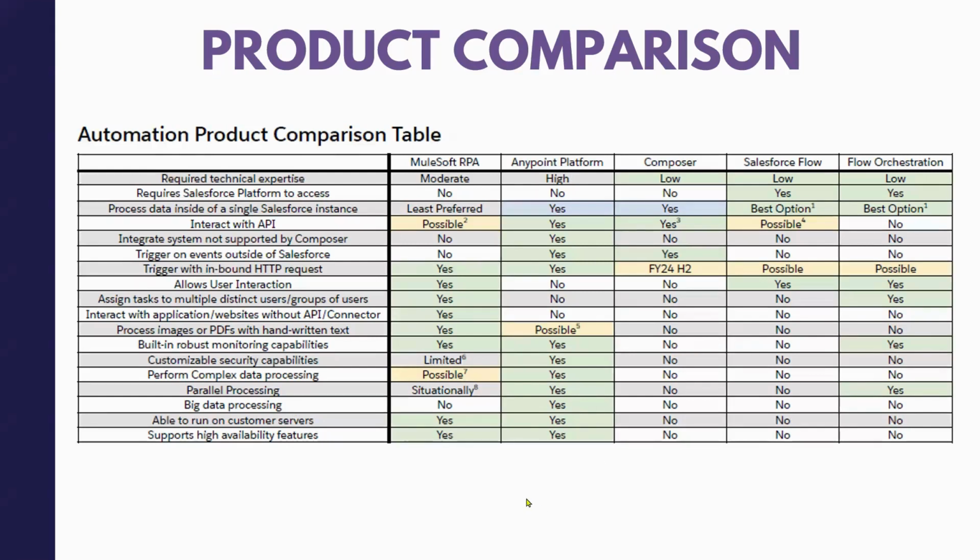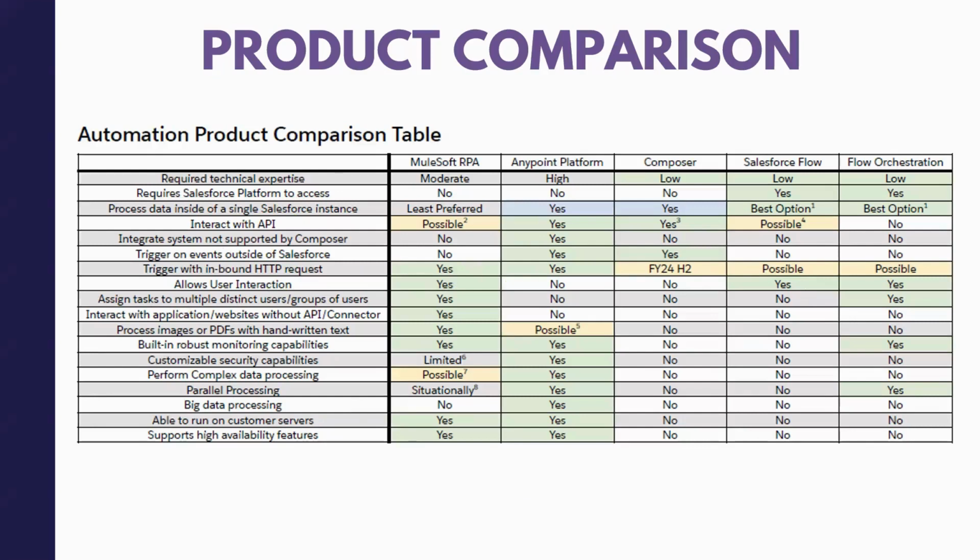Okay. So use this as a guide. Allows user interaction, the bot does. Salesforce Flow Orchestration. Again, there's some great things here. So I want you to take this in as well. And like I said, I'll share the key with you so that you have that in addition.